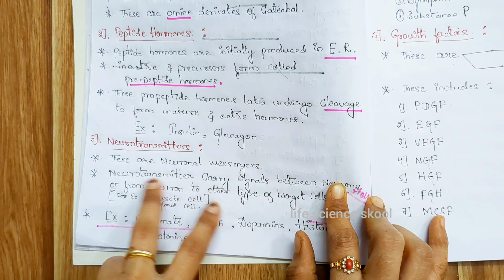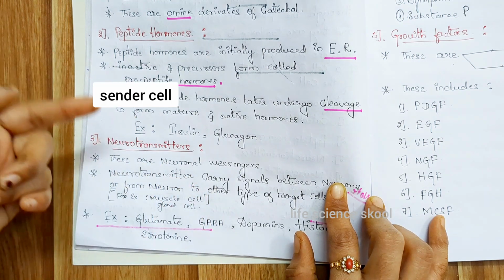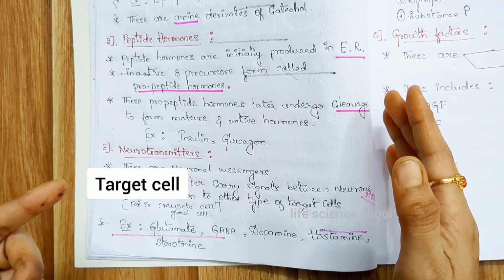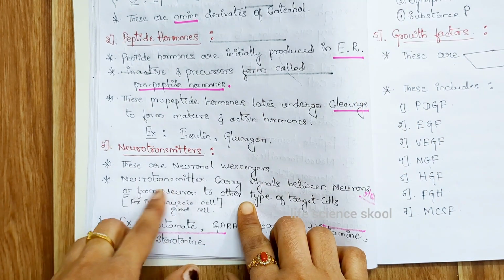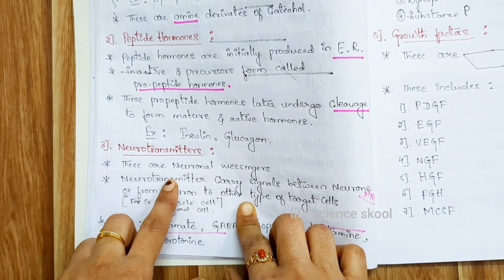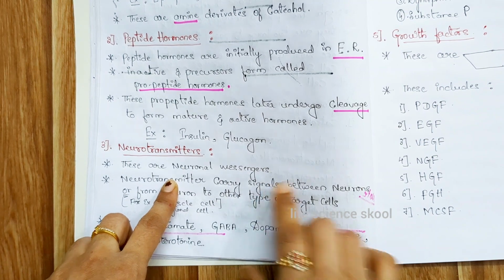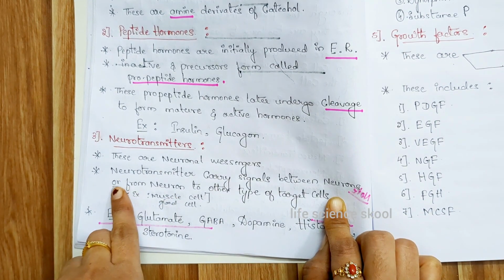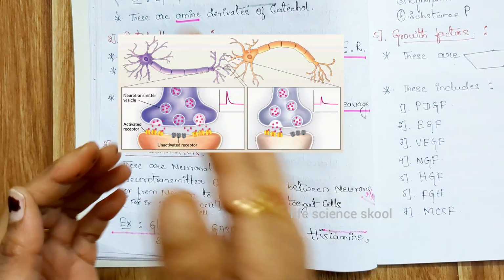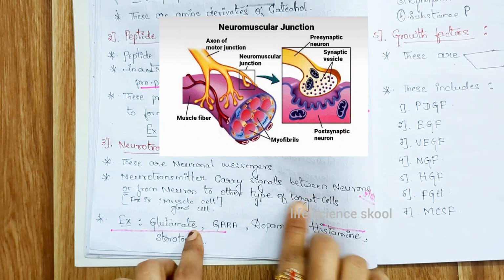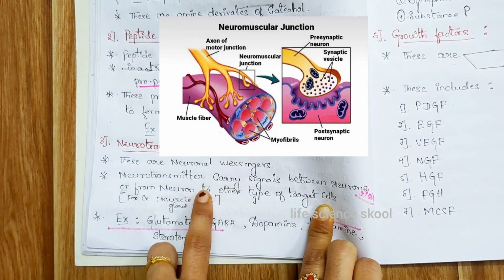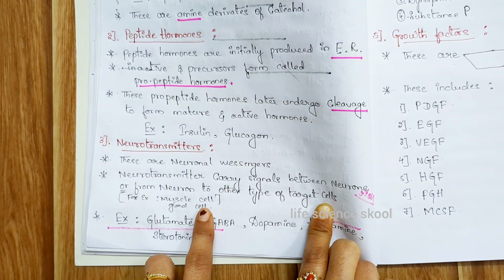This neurotransmitter is produced by a sender cell and transferred to the target cell. Neurotransmitters carry signals between two neurons, or from one neuron to another type of target cell, it may be a muscle cell or a gland cell.